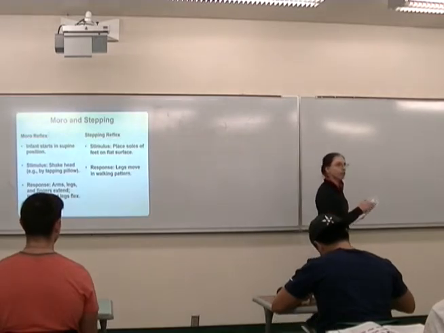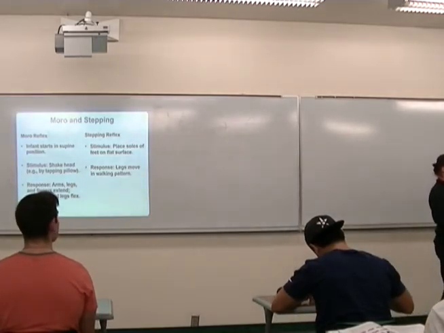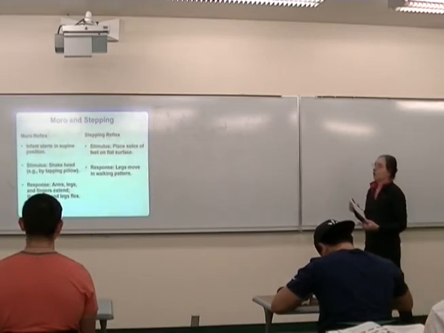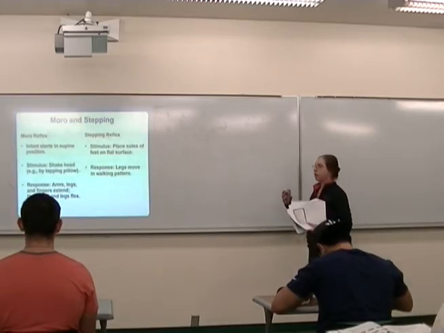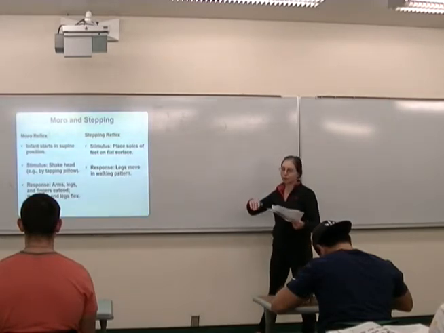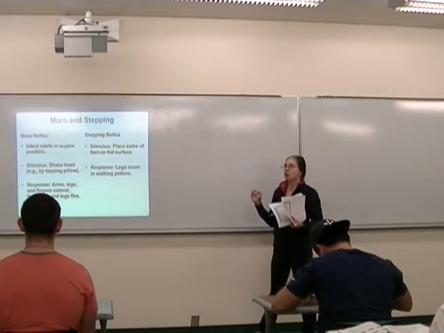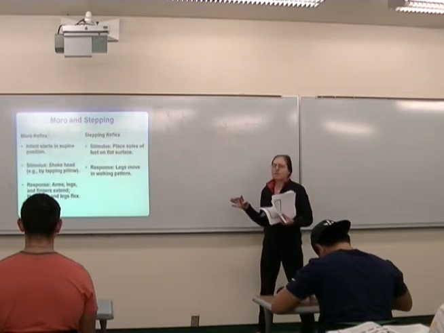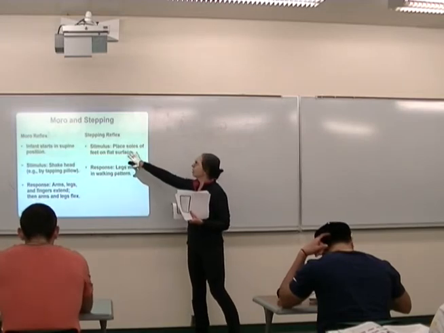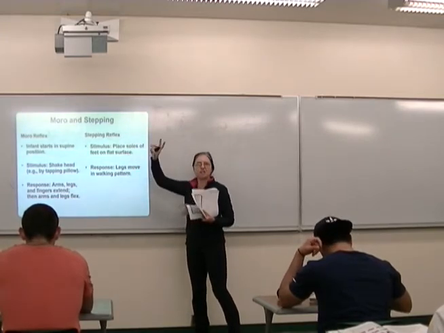And it's an interesting piece of research because it also gives us lots of information about what happens with constraints, because we see the stepping reflex until around, I think, 6 to 7 months, and then it disappears.